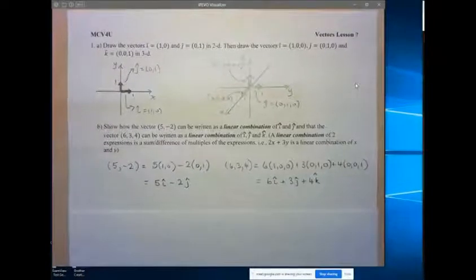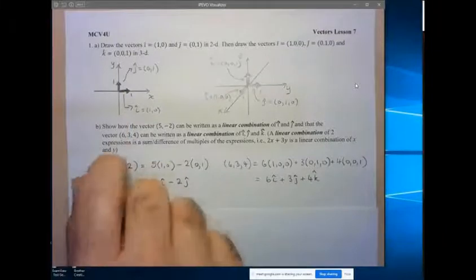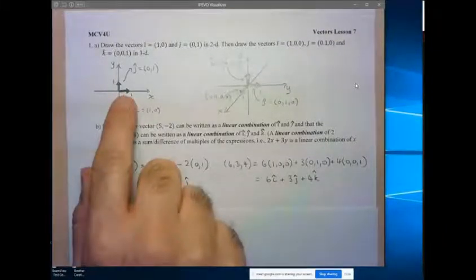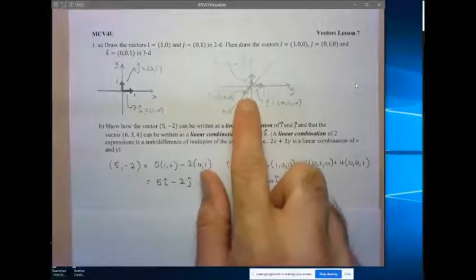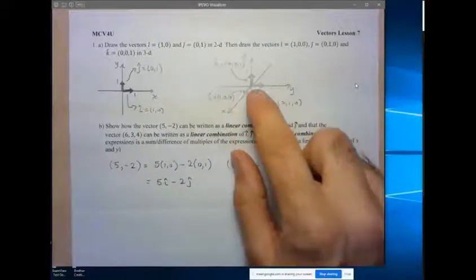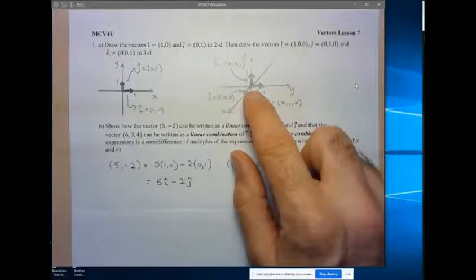if we take a look here, we know that on the Cartesian plane, i and j just represent the vectors (1, 0) and (0, 1). And then in 3D, you have something very similar. Here you've got the vector of magnitude 1 going in the x direction, so that would be (1, 0, 0).